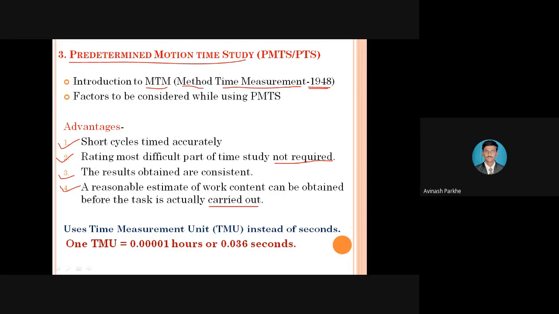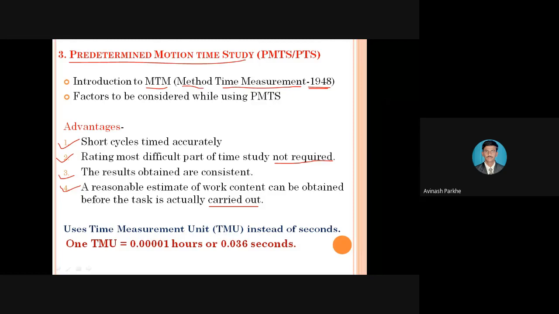Here, the role of the operator is only to complete that job, to work on that machine. But whatever rough value I am giving in advance, whatever time I am deciding, that time will be given only by that supervisor or the industrial engineer, who has the vast knowledge about that particular task, job, or machine.